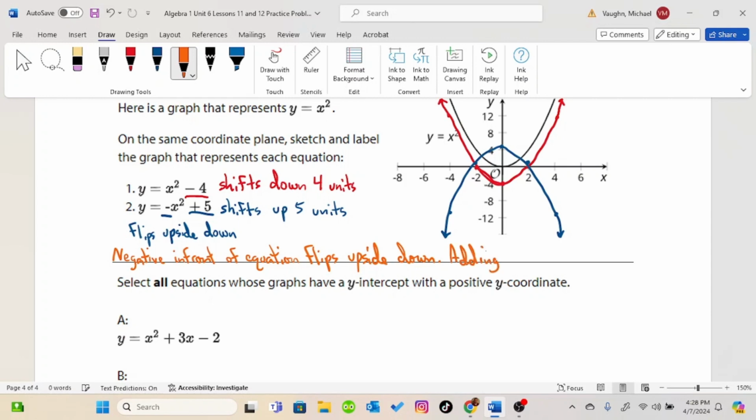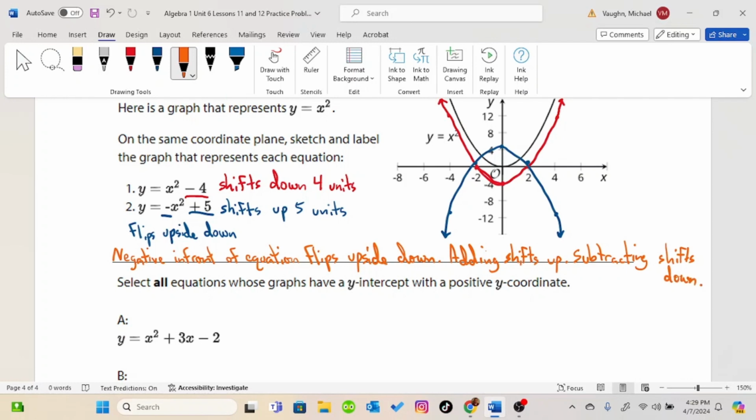Adding shifts up. Subtracting shifts down.